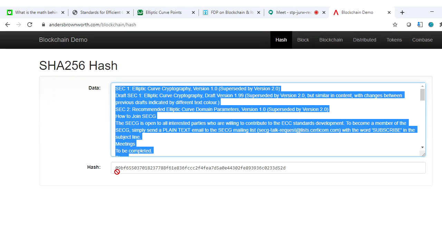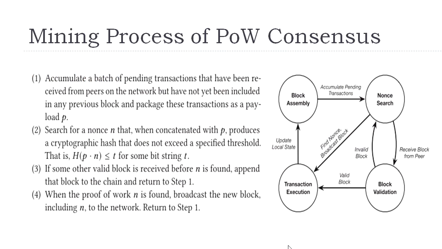But if you add a random number to the original text, then you may get a hash code with a predefined format, for example, if you have kept a constraint that you require 5 zeros before the hash code. Then that nonce needs to be identified and added to the data, so that you will get the particular format.